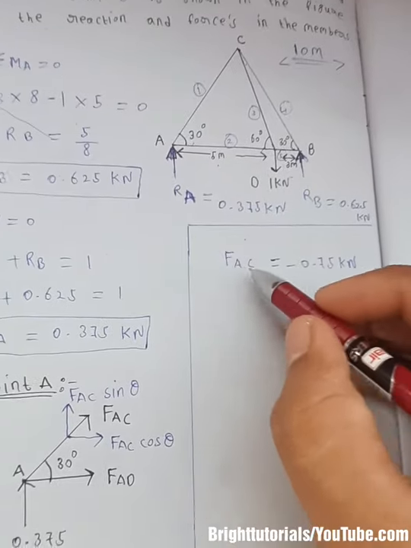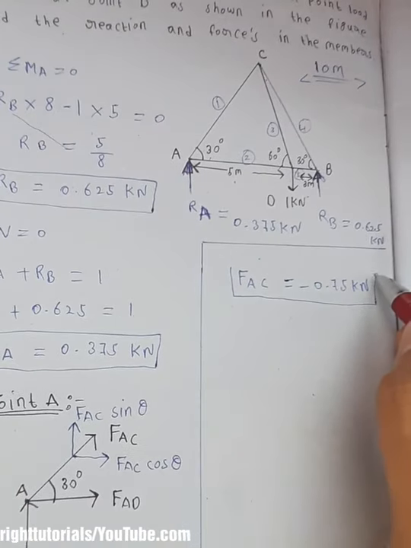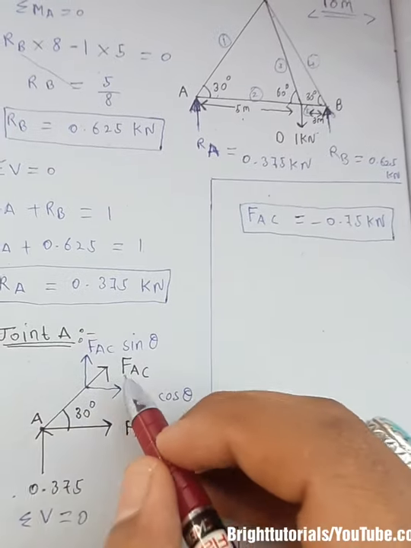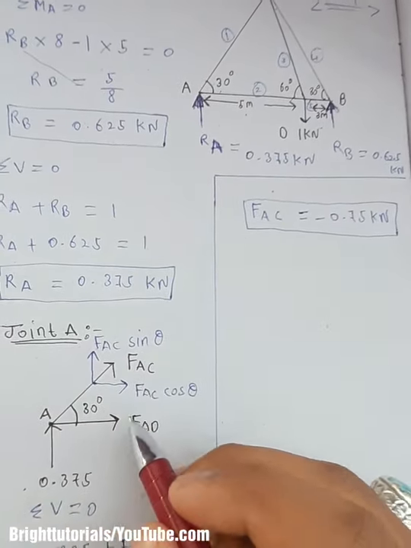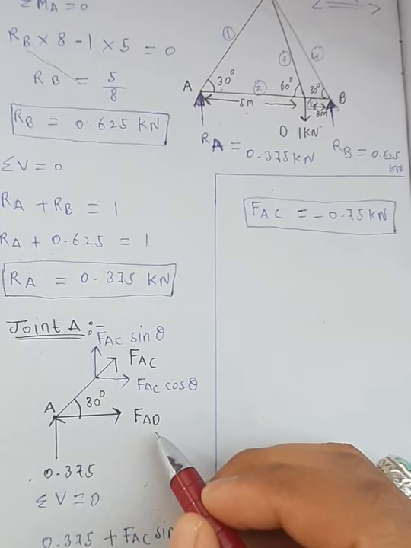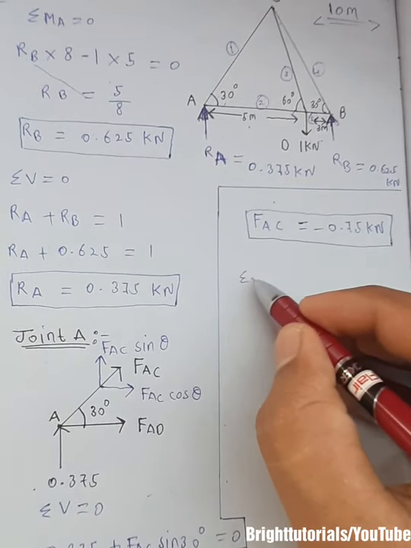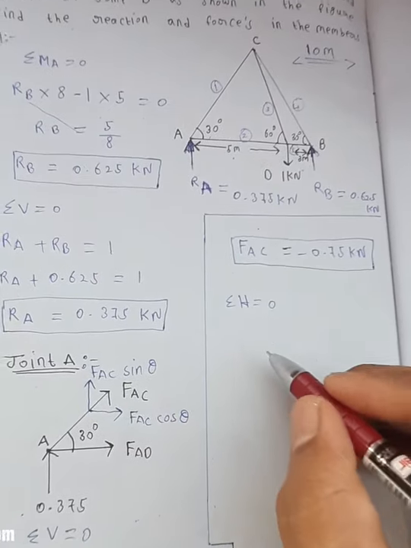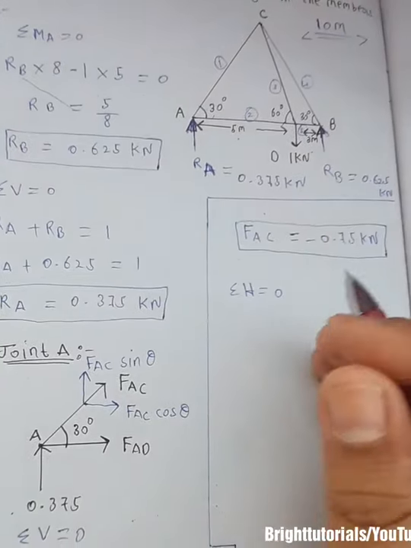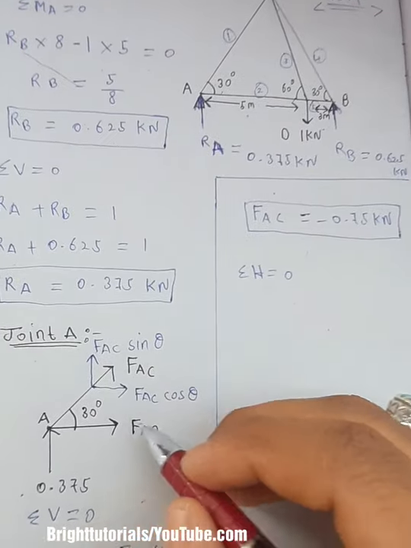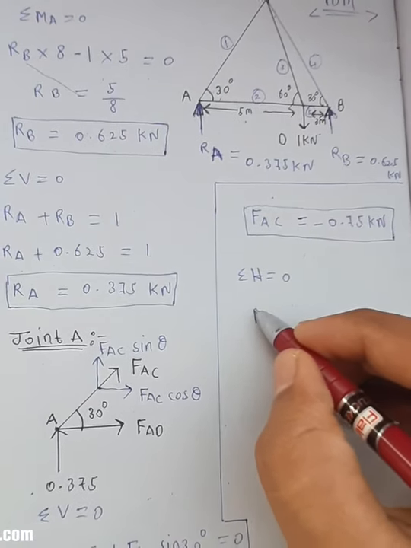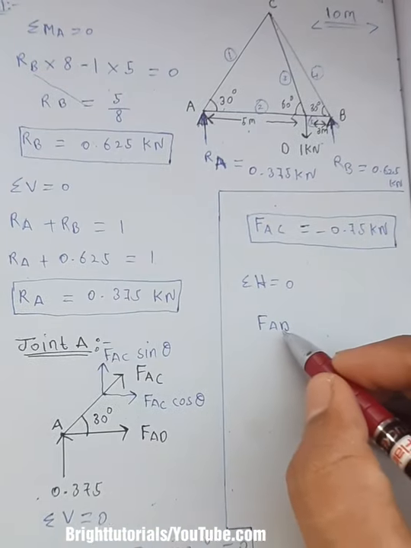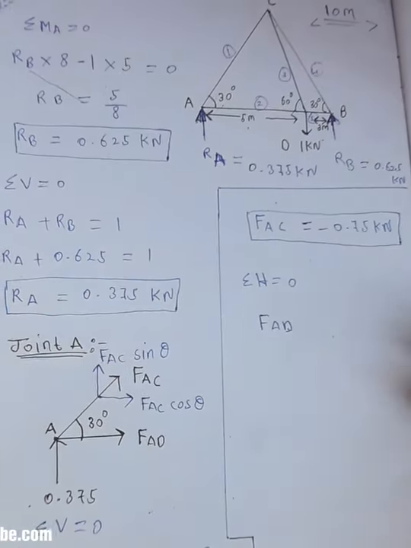So we have found the value of FAC. Now we have to find the value of FAD. By doing summation of horizontal forces equals to 0, we can find FAD. FAD is a horizontal force going to the right side, so it is positive.